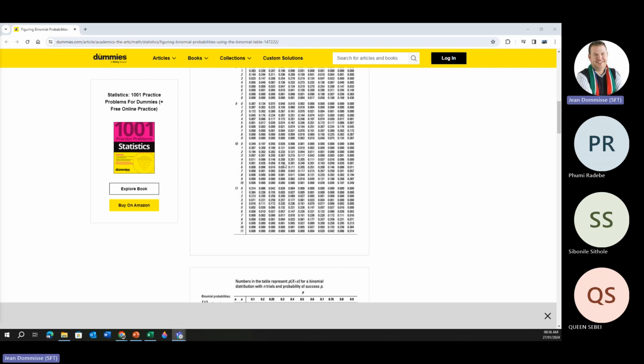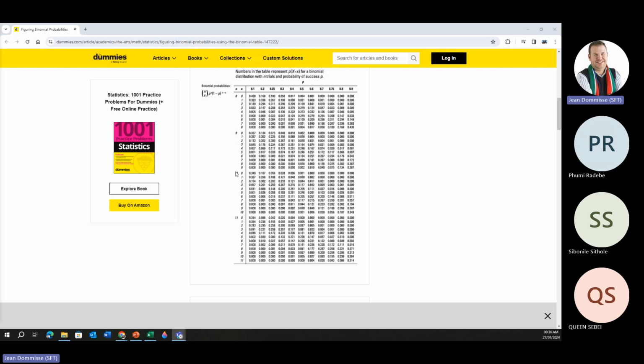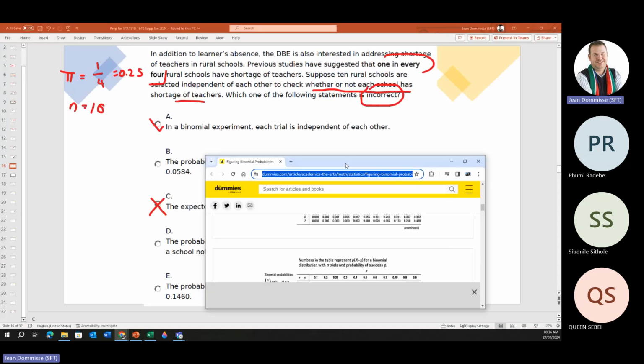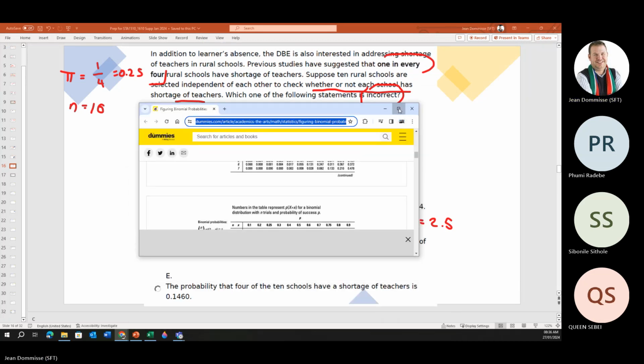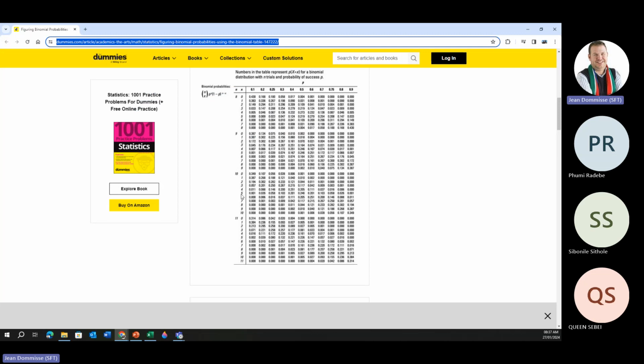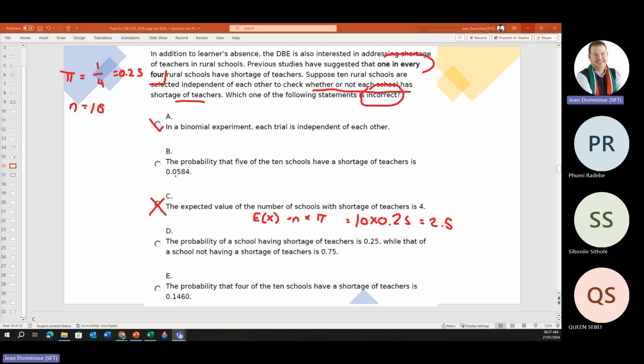Here you can see we've got N is 10, and if we need to look at 5 out of 10, we just go across to 5. Remember we said that the pi was 0.25, so there it would be 0.058, and let's quickly check, 0.058. Okay, so you can do that with all of them.